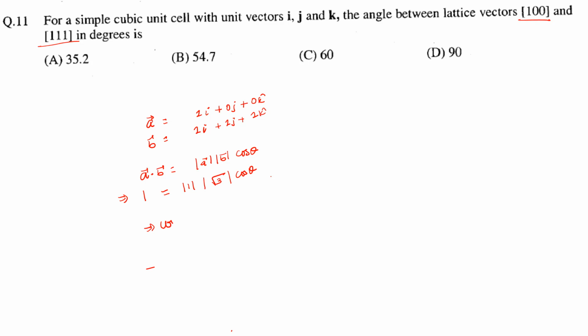So cos theta will be equal to 1 divided by root 3. So theta is equal to cos inverse 1 by root 3, and the value of this is 54.73. Okay, so option B is the correct answer.